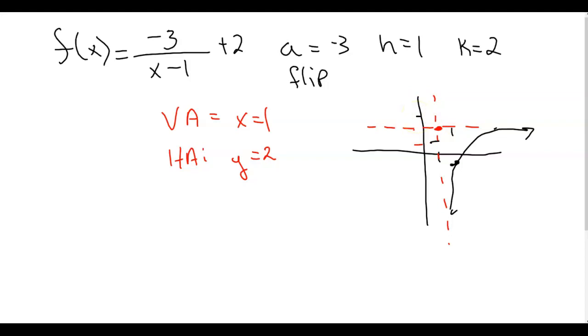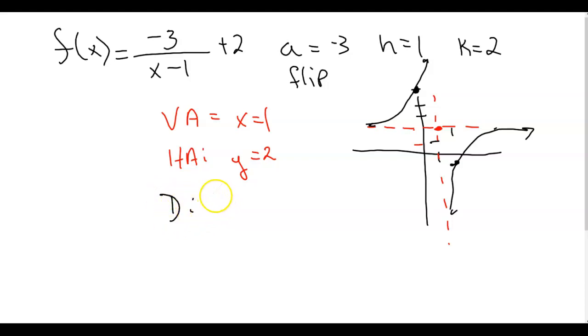We're going to go 3, 4, and 5. So that puts me up here at 5. Okay, and then the curve comes down here and we stretch it out. So we're just going to go ahead and throw a curve in there. You kind of demonstrate that you have an understanding of how the curves are. So we have our vertical asymptote, our horizontal asymptote, and then we can go to our domain.